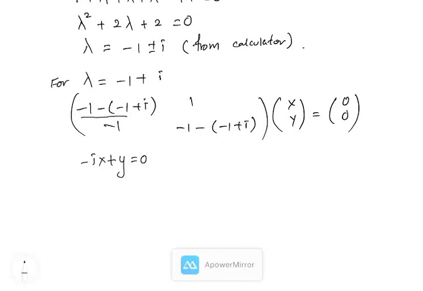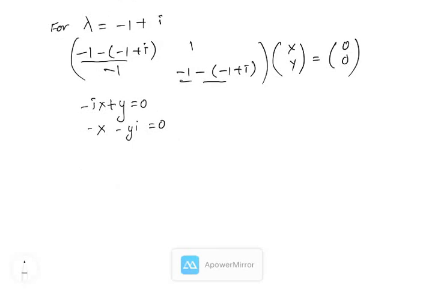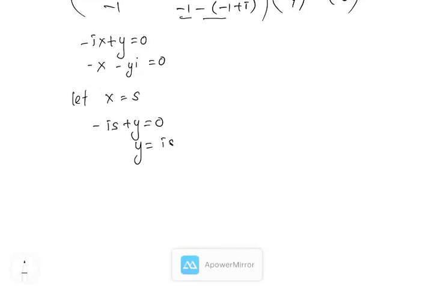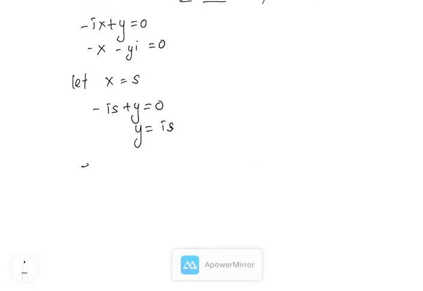And the second row is negative x, this one plus this one cancels out, so you get negative i y equals 0. Then we assume that x is equal to s, so negative i s plus y equals 0, then y equals i s. So the eigenvector equals 1 and i s.